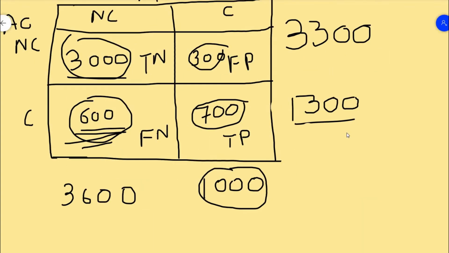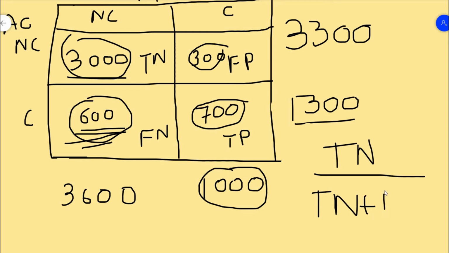Now let's understand what specificity means. Earlier we saw what sensitivity means, which is nothing but recall or the true positive rate. Similar to true positive rate, we have something called true negative rate, which is given by the formula TN divided by TN plus FP.